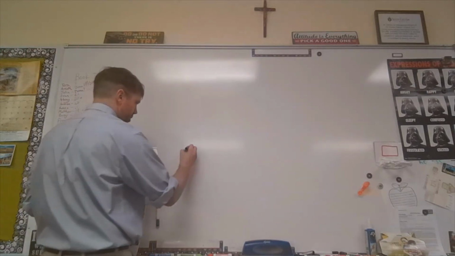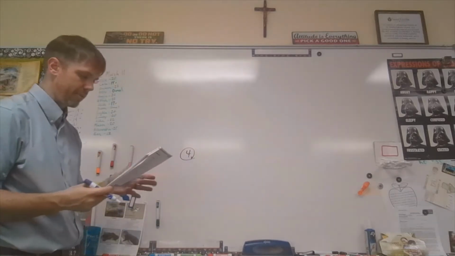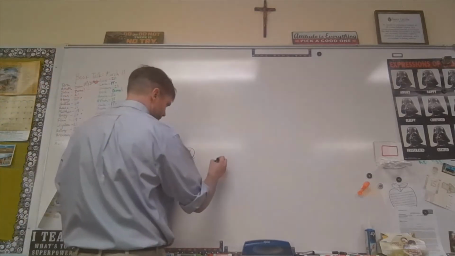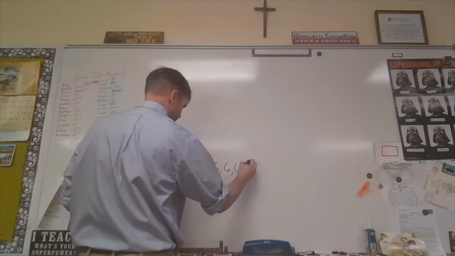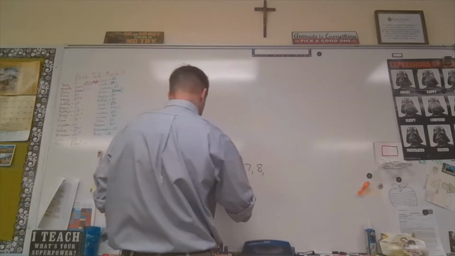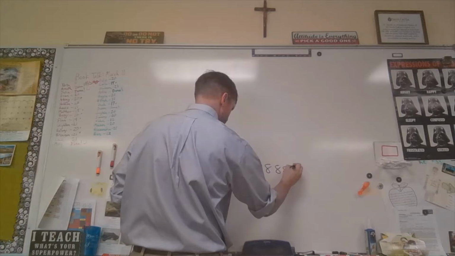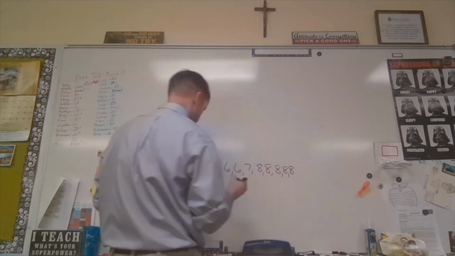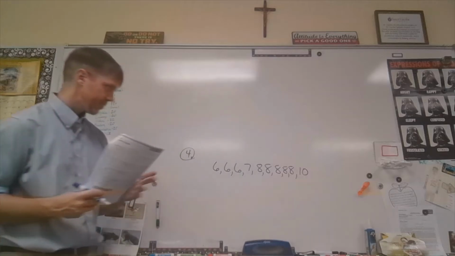So number 4 gives you a whole bunch of numbers, but I'm going to write them for you in order so you don't have to worry about it. If I got it right, it should be 3 6s, and then a 7, and then 2, 3, 4, 5 8s, and then a 10. Okay, like that.